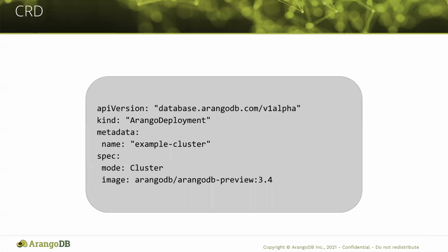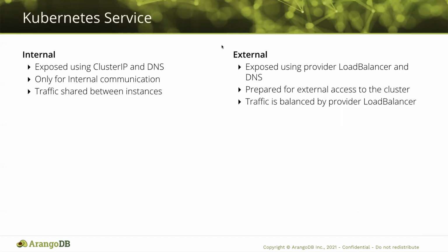We have several different CRDs, but one of them is, for example, the ArangoDB deployment. And then you can just get all the different deployments from your Kubernetes cluster by kubectl get arangodeployment. This makes it really nice to interact with ArangoDB and also with different systems, because it just becomes part of that normal tool chain.